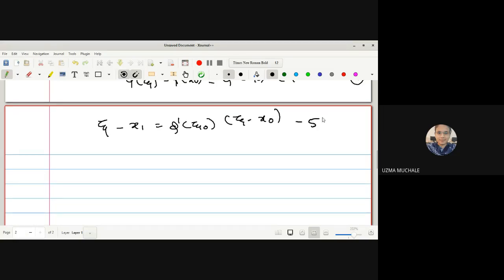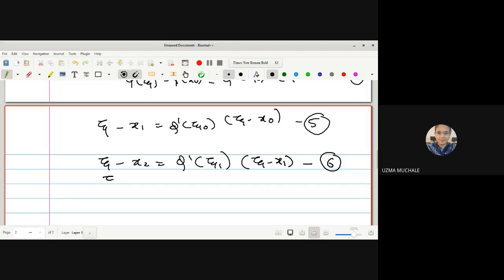This is equation number 5. Now, in general, we can generalize the concept: zeta minus x2 will be phi dash of zeta 1 into zeta minus x1. So this is our equation 6.